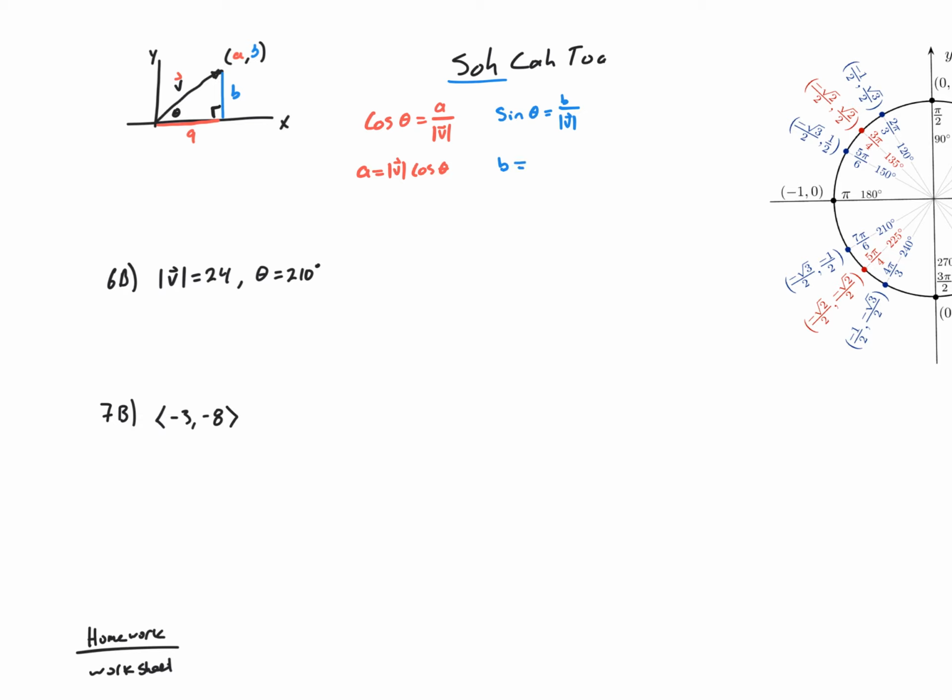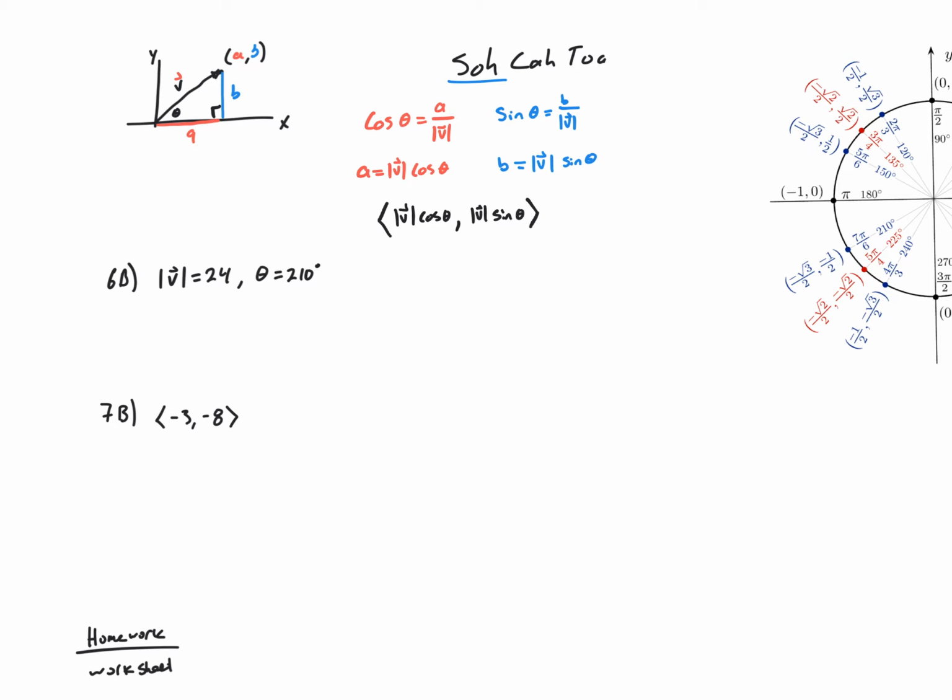So that means b would equal the magnitude of v times sine of theta. So if we want to write this in component form, it would look like this: the magnitude of v times cosine of theta, and the magnitude of v times sine of theta, which is exactly what they ask us to do here in 3b. It says find the component form of v with the given magnitude and direction angle.